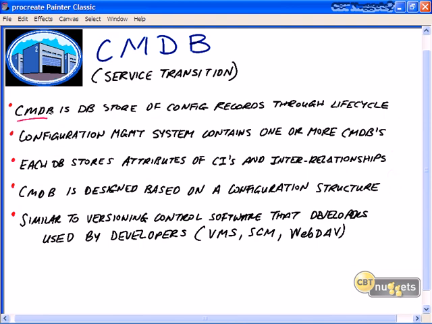The CMDB is part of a configuration management system, or CMS, that's going to contain one or more CMDBs. The ITIL version 3 Service Transition book states the configuration management system is a set of tools and databases that are implemented to manage and control the IT service provider's configuration data.